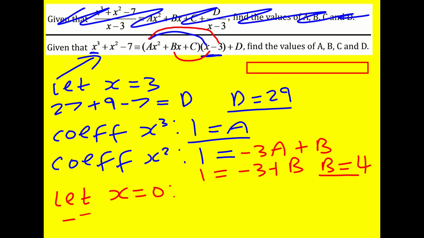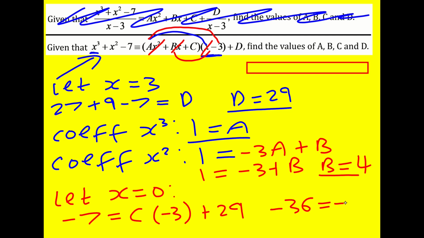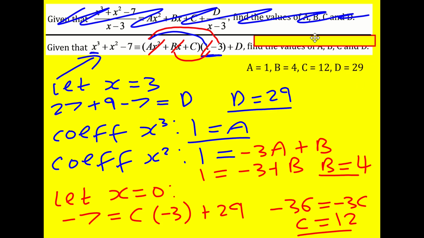So I'm going to get that minus 7 equals, now when I put 0 in, this is going to go, I'm going to be left with c, and then I'm going to multiply that by 0 minus 3, and then I've still got to add my 29 from d. So I can subtract 29, and I'm going to get minus 36 equals minus 3c, and so c is going to equal 12. And I've managed to get the coefficients in a second way. I think I got the same ones. Good, yeah.